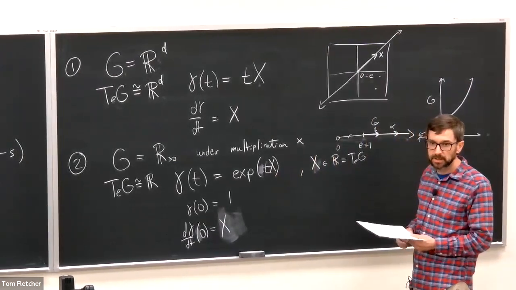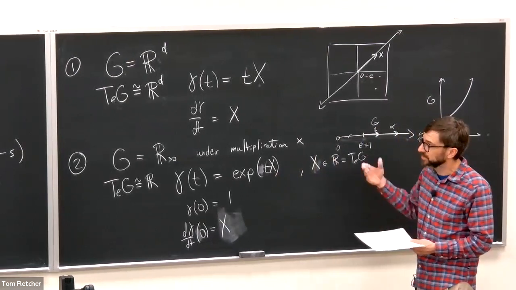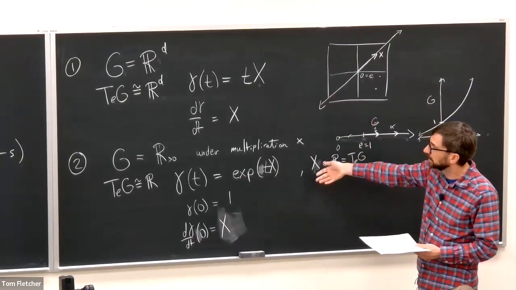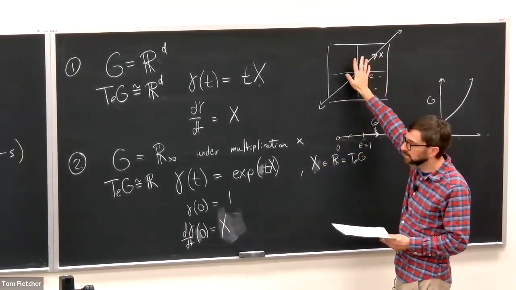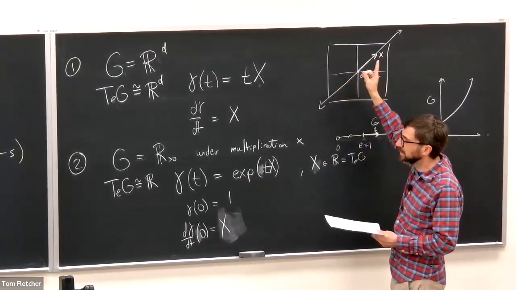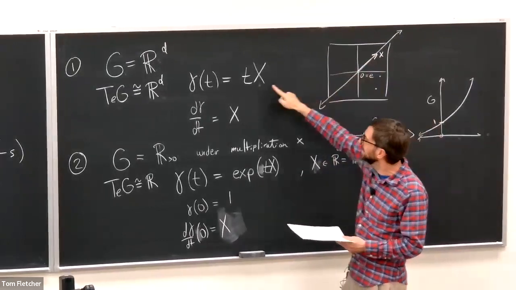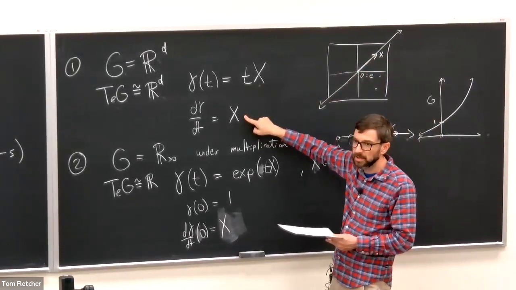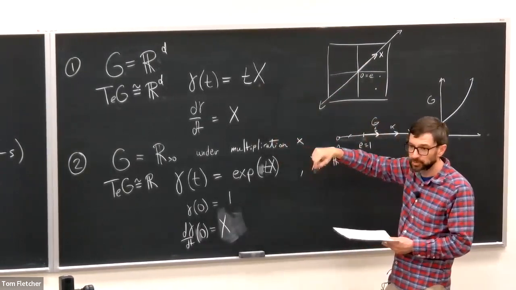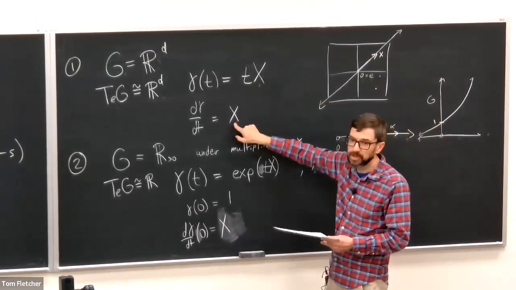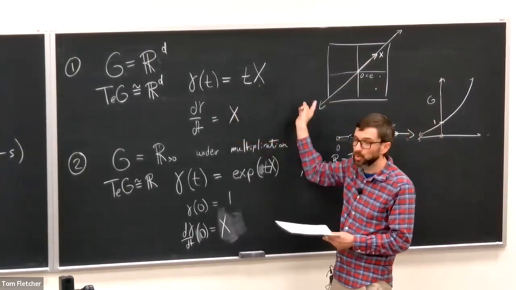Any questions? One thing I mentioned last time, and now these examples make it a little more concrete, is that at the identity you've got this tangent space. I can pick any tangent vector you want, any X, and there exists a one parameter subgroup with that initial velocity. It's a one-to-one mapping.